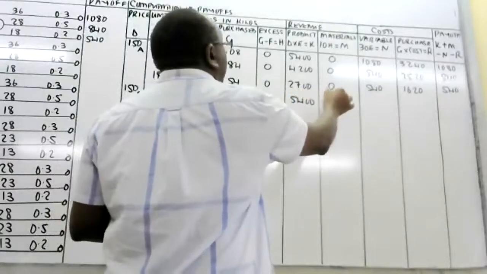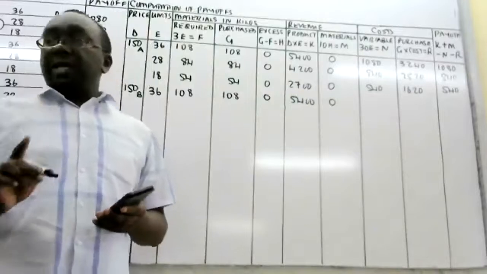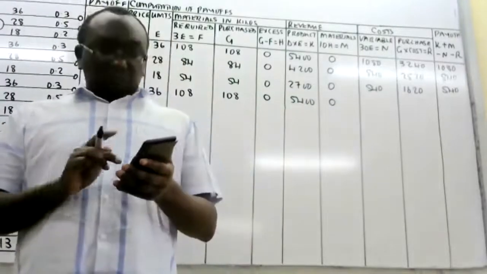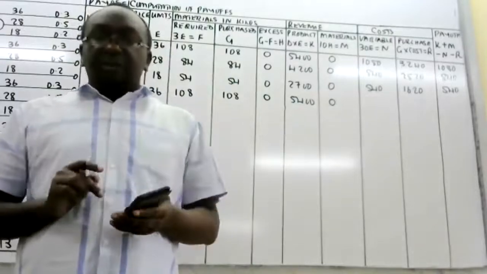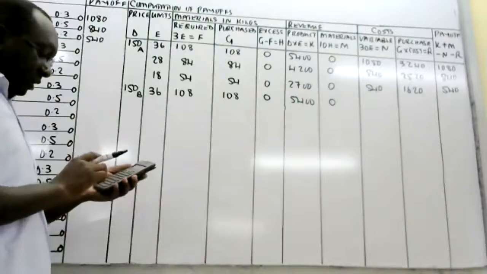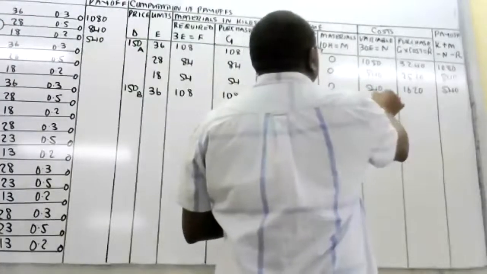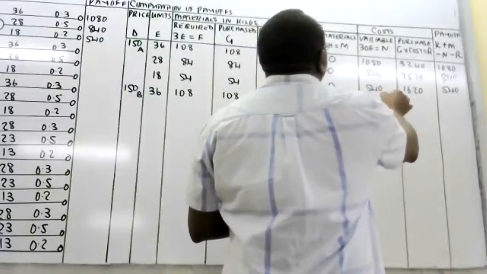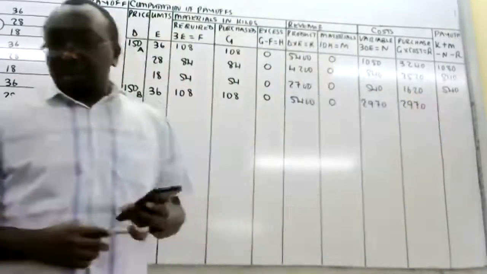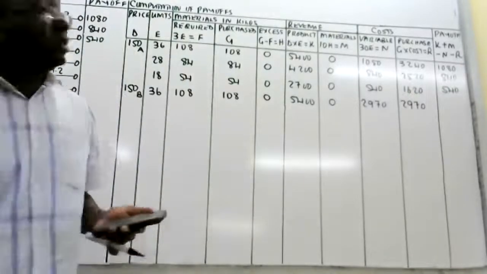So the revenue still remains 5,400. And there is no revenue coming from materials. But when you are in option B, 1 kilo they are selling to us at how much? 27.5. So you take 27.5, multiply by the units you have purchased, 108. That gives us 2,970. The purchase is 2,970. So I need the variable cost.